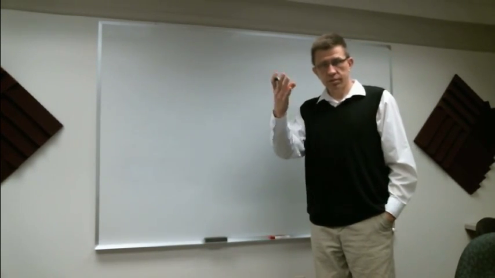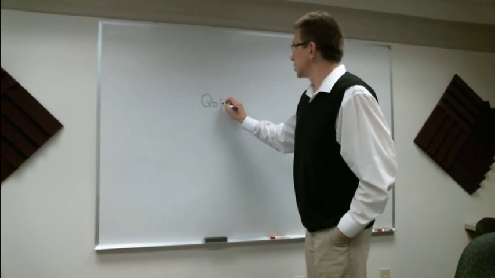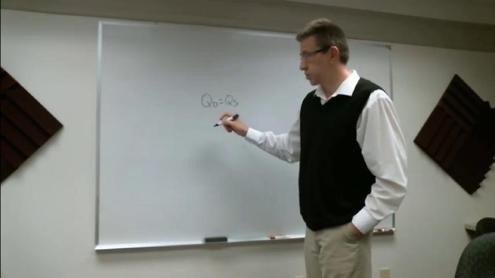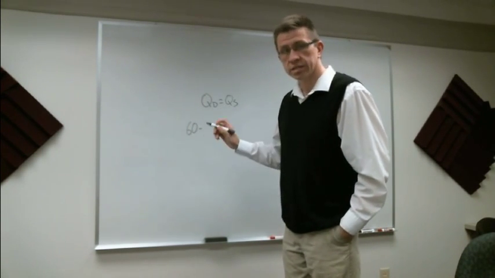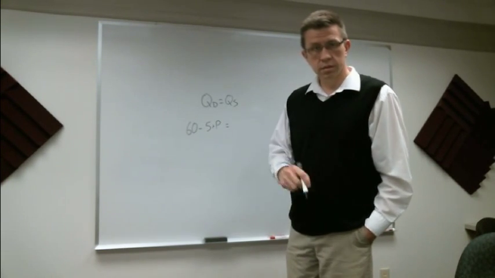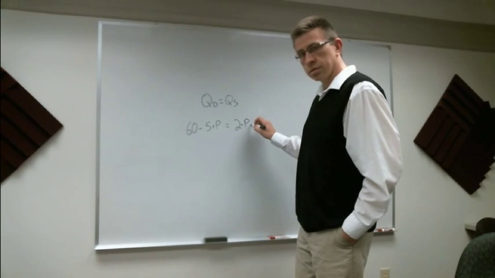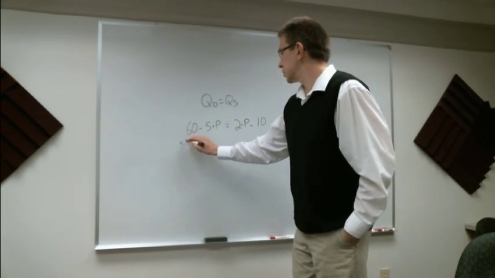Okay, I hope you paused it. We're about to go through this together now. Remember, quantity demanded equals quantity supplied. That's what has to happen in equilibrium, which means 60 minus 5 times the price, that's the demand curve, has to equal 2 times the price minus 10. Let's add 10 to both sides.